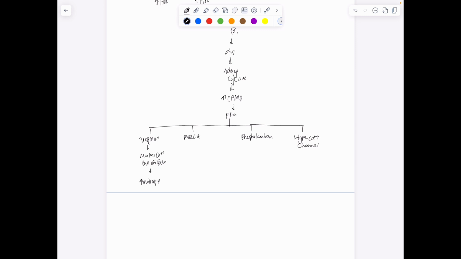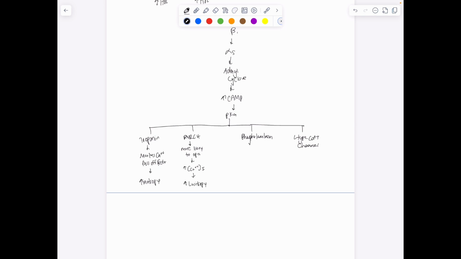And then our RyR, that will be more likely to open. That will cause an increase in our calcium concentration, which will then increase our inotropy.